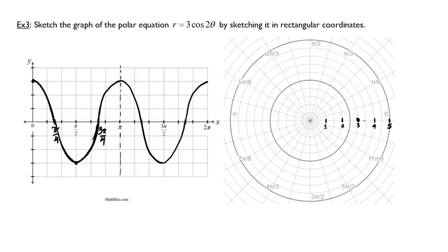I'm starting here, and as my angle crosses through to pi over 4, which is right here, I'm getting smaller.